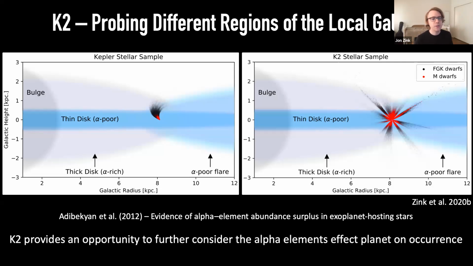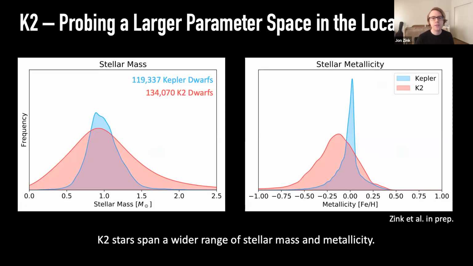A few other unique things about K2 that really allow it to expand on Kepler is that it probes a much larger range of parameter space. Kepler was mostly focused on FGK dwarfs, but one of the beauties of K2 is that since it looks at so many different regions of the sky, it actually has a lot more M dwarfs in it, almost 8 times the number of M dwarfs that was in the original Kepler sample.